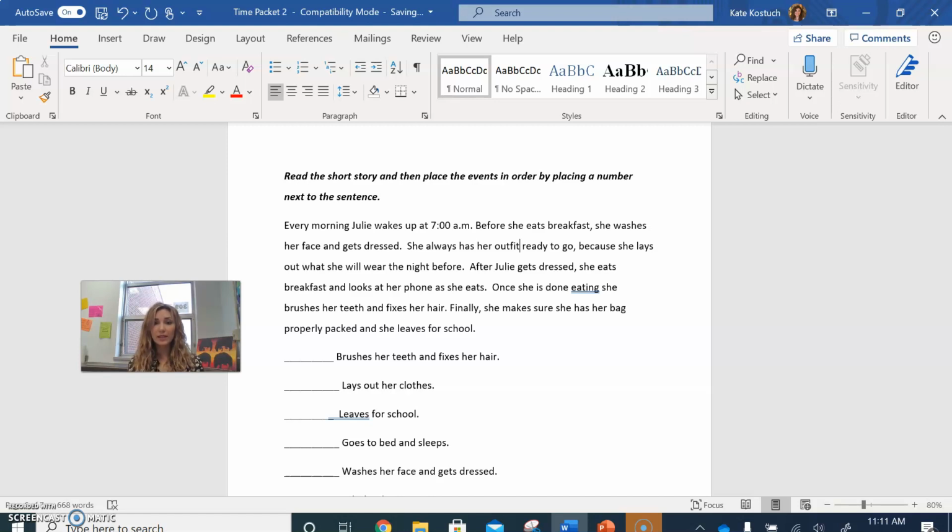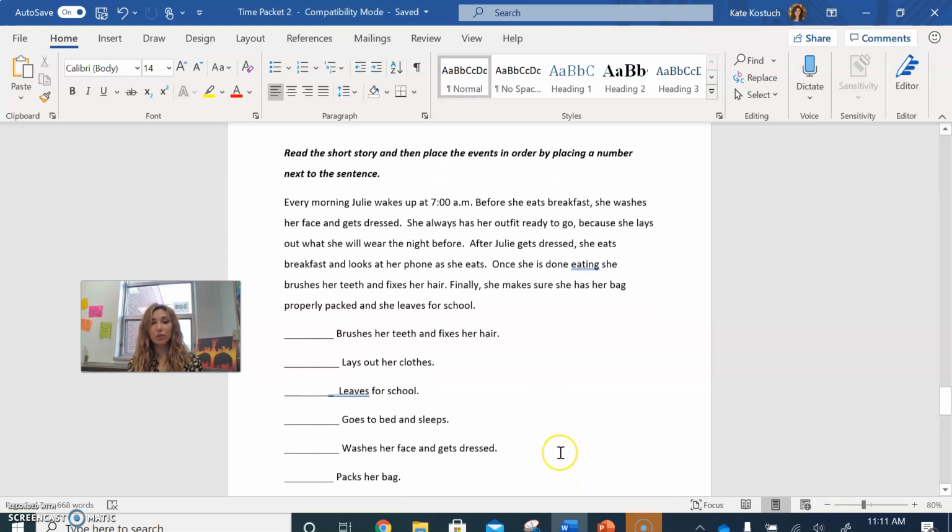After Julie gets dressed, she eats breakfast and looks at her phone as she eats. Once she is done eating, she brushes her teeth and fixes her hair. Finally, she makes sure she has her bag properly packed and leaves for school.